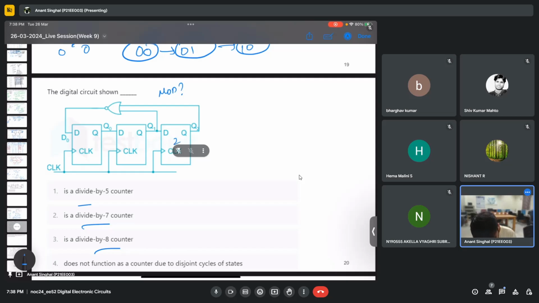So this is 2, this is 1, this is 0. So q naught plus is d naught, which is again q2, this is q1. q1 plus is d1, which is q naught. q2 plus is, what is q2 plus? Is d2, which is q1. q2, q1, q naught.